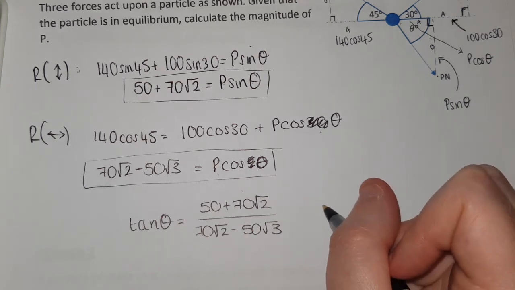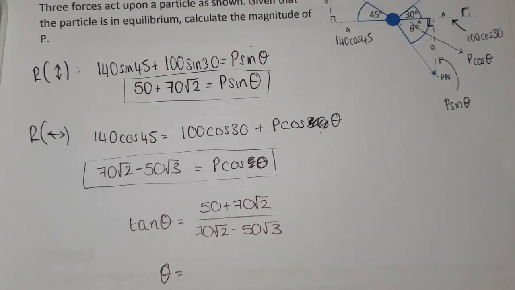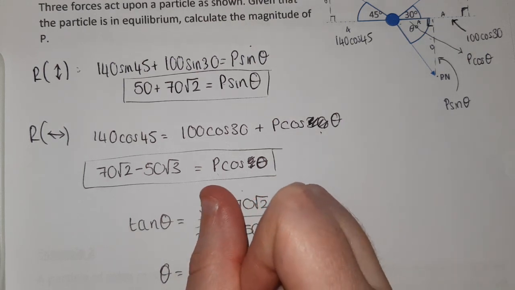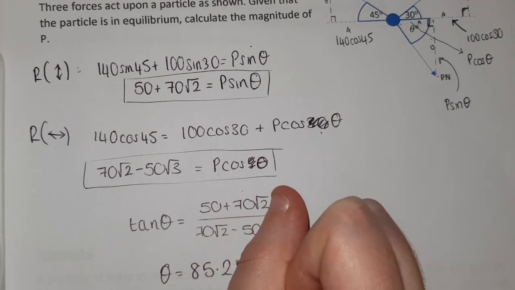Okay, and then that means that I can work out theta by just doing tan to the minus 1. I get an angle theta of 85.2 degrees.